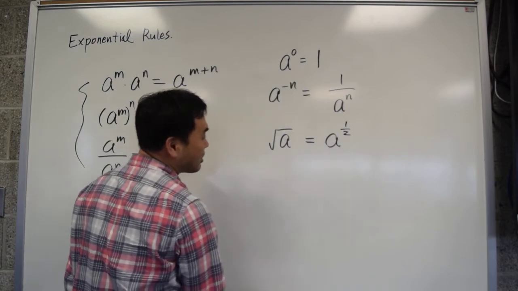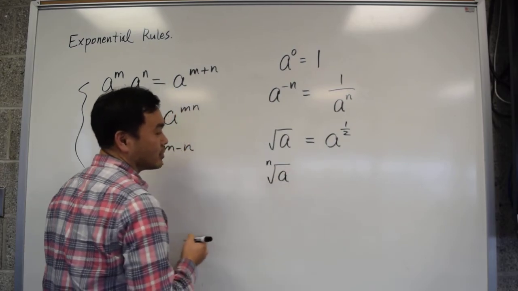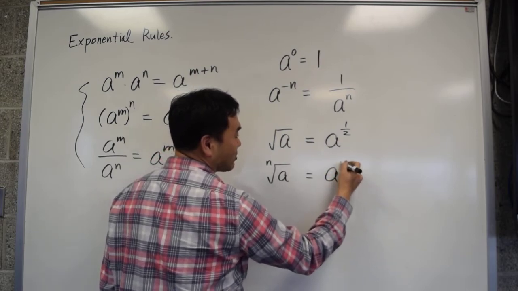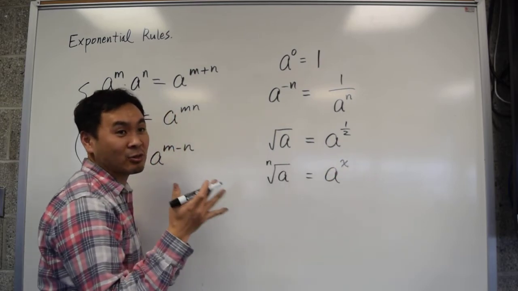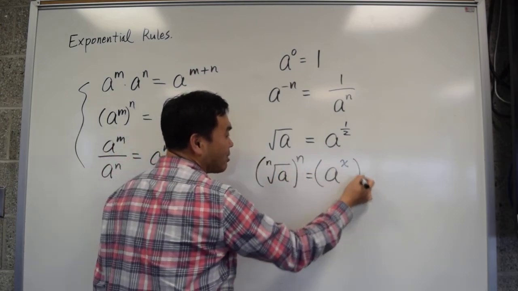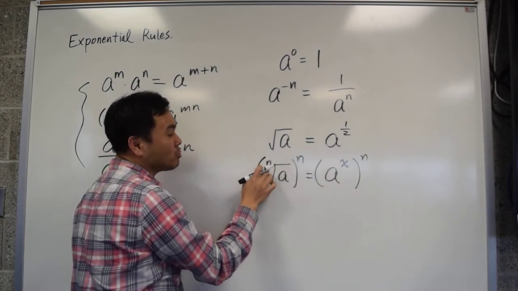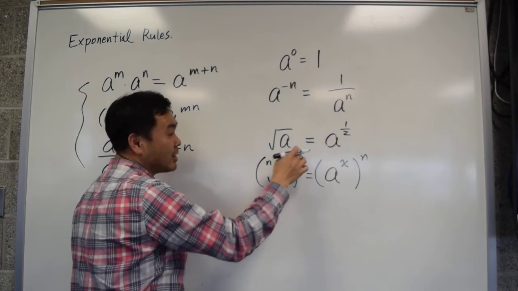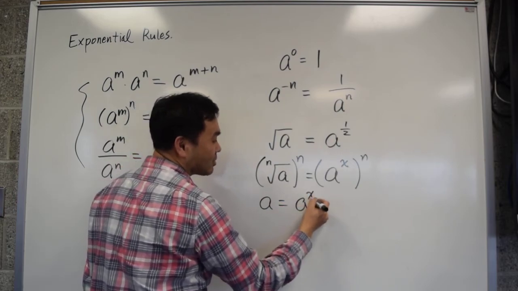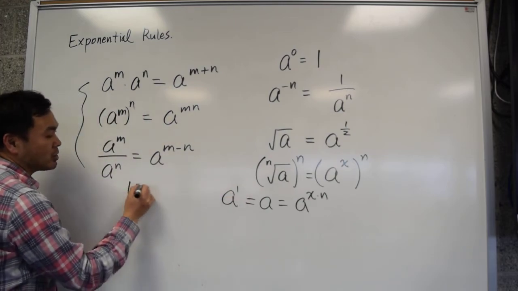Now we can play the same game for nth root of a. If you have nth root of a, and you write this as a to some power x, the unknown thing that we want to figure out, now what do you get if you take nth power of nth root? If this was a cube root and you take the cube, what do you get? They cancel, right? So you get a equals a to the x times n, and a by itself is a to the first power, so you have 1 equals x times n.